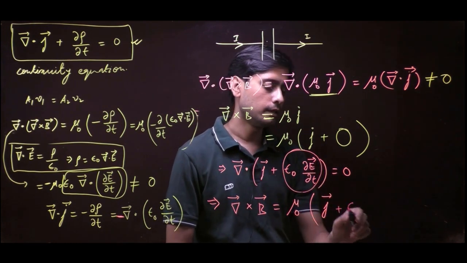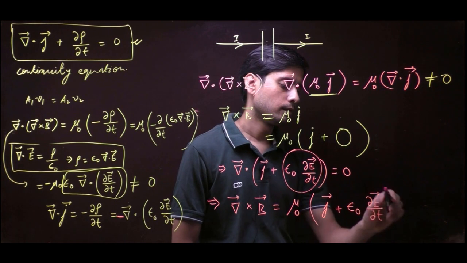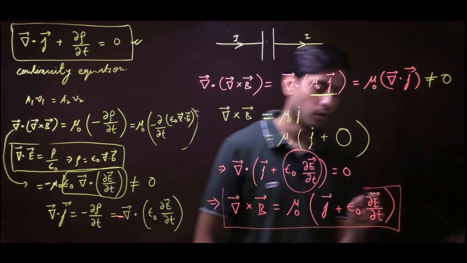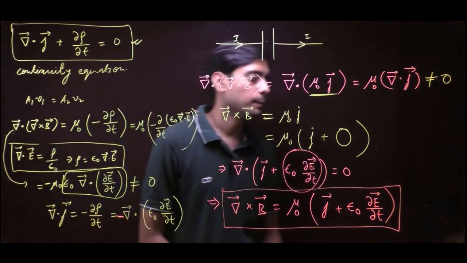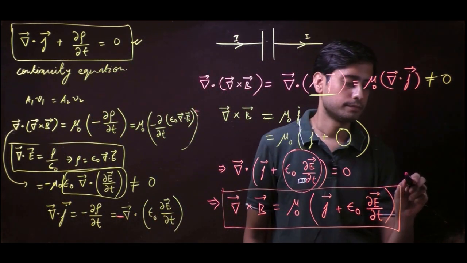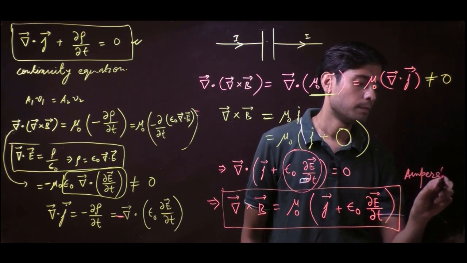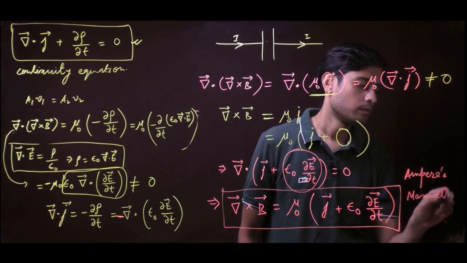So we have to add this term mu naught del E over del t. So this is the new law, modified Ampere's law, and it is called Ampere-Maxwell law.